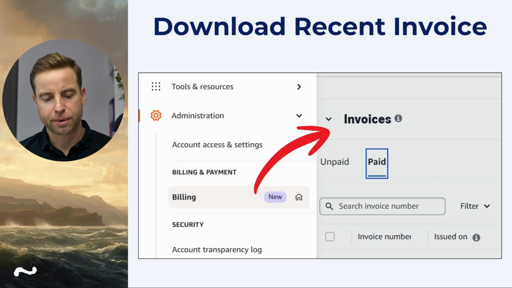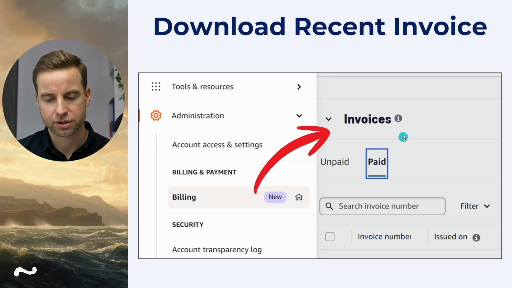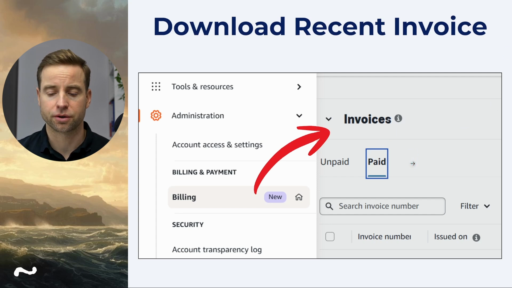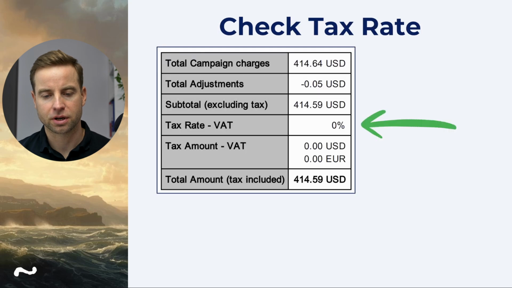Now, to check if you are paying tax on ad spend, you have to go to the billing section in the ad console, go to invoices paid, and download your recent invoice that you paid for ads. At the end of the invoice, there's a summary section, and it may look like that.